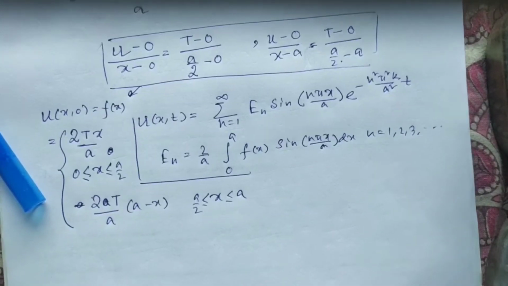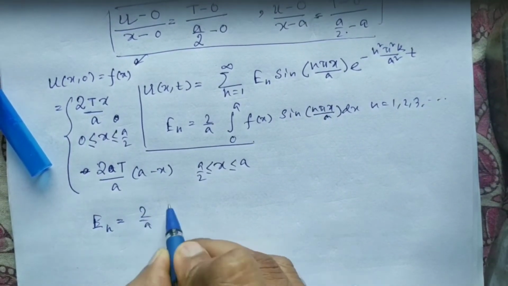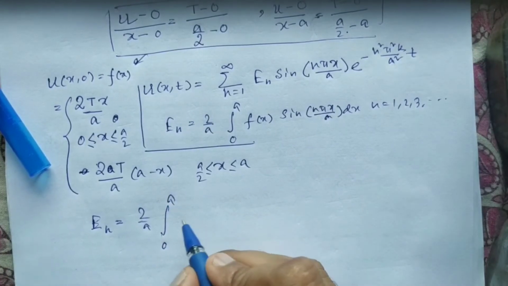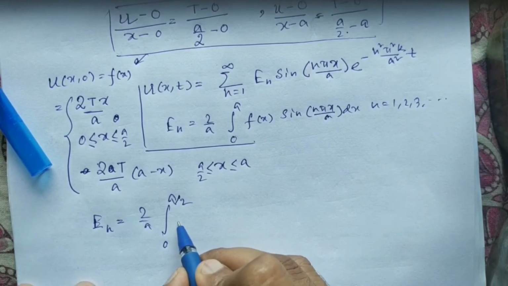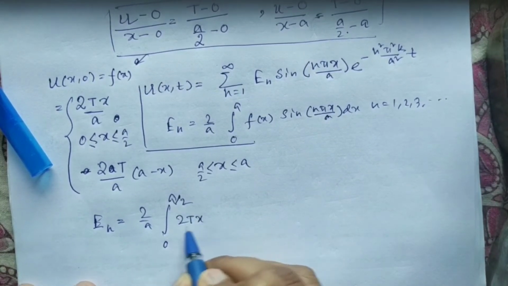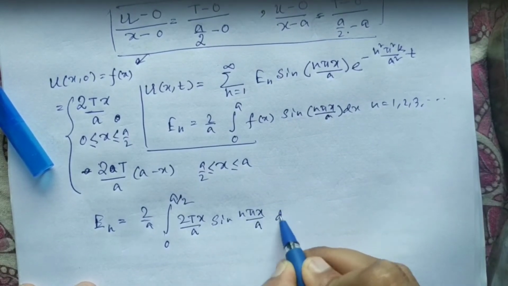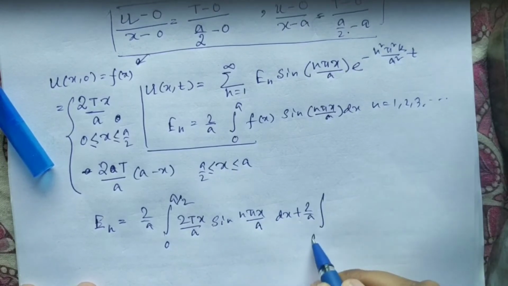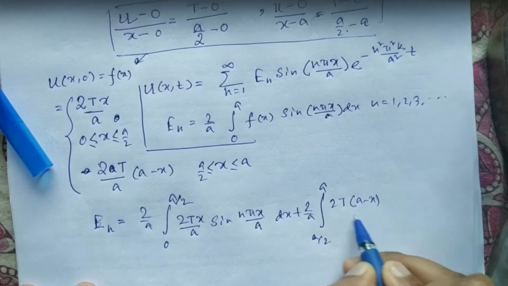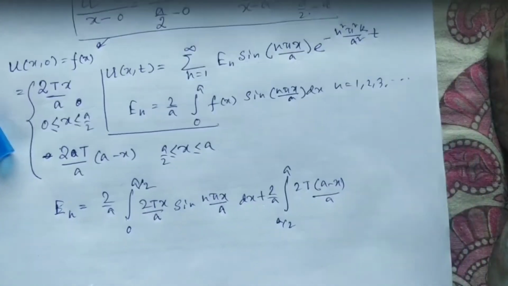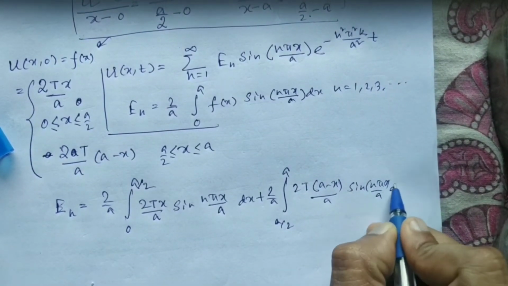So now we will solve. E_n equals 2/a times the integral from 0 to a of f(x) dx, etc. So we are taking 0 to a/2: this is 2Tx/a sin(nπx/a) dx, plus 2/a times the integral from a/2 to a of 2T(a minus x)/a multiplied with sin(nπx/a) dx.